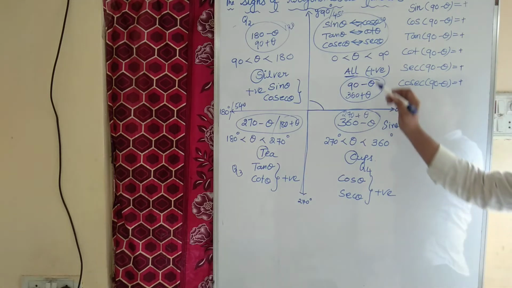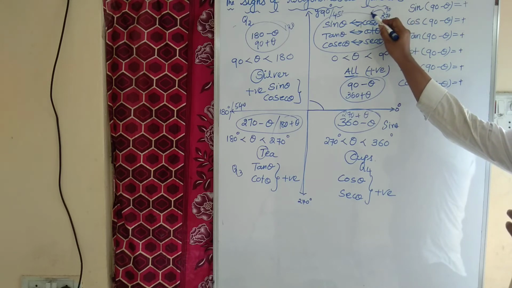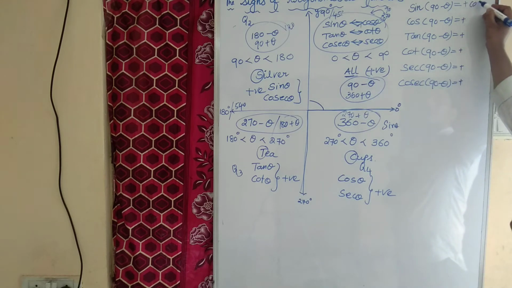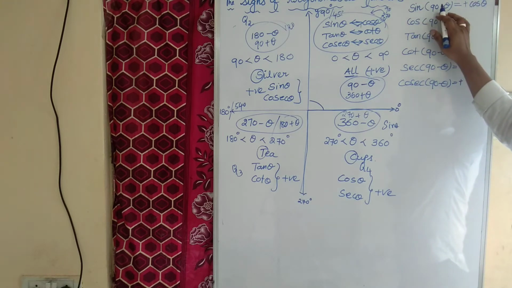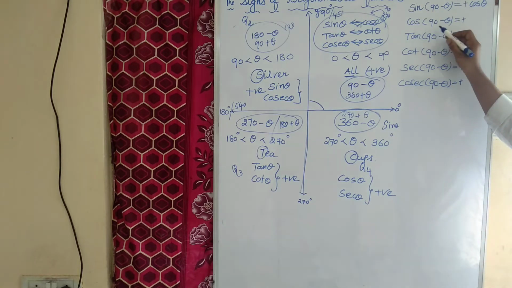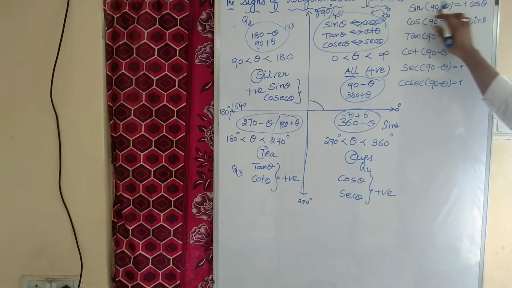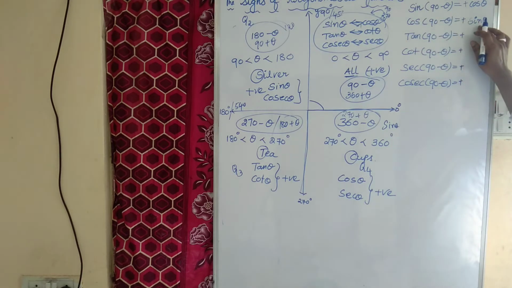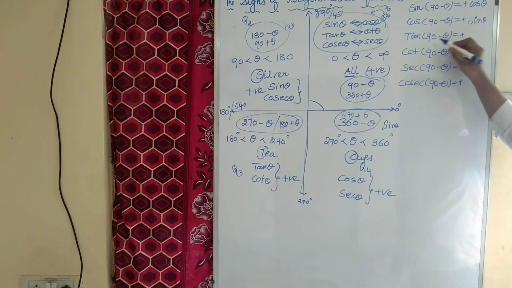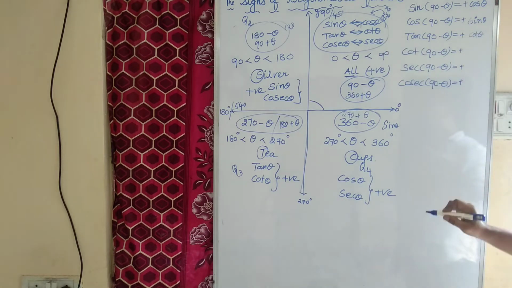So as I told you, if it is 90 and 270, there is a change in the trigonometric ratio. Sine is going to change as cos. So I can write sin 90 minus theta as cos theta. Now cos 90 minus theta I can write as sin theta. Now tan 90 minus theta, tan is going to change as cot, so I write cot theta.